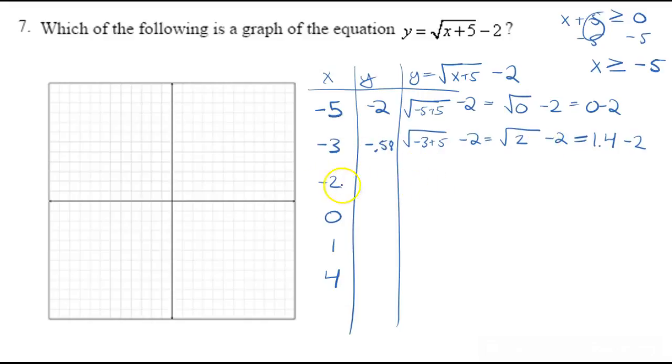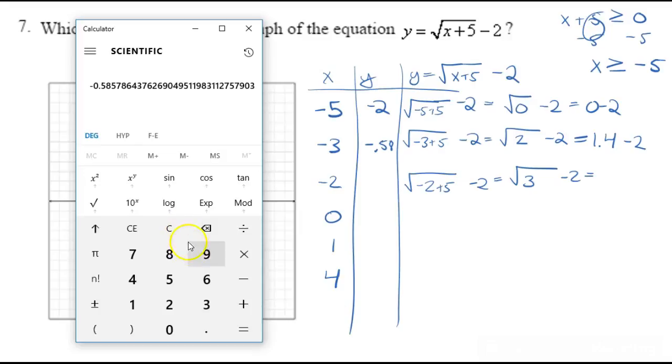So let's do negative 2 now, because you want a few different data points so you get a really good idea of the shape of this graph. So negative 2 plus 5 is 3. Again, we're looking for an approximation of the square root of 3, which is 1.73, minus 2, negative 0.27.